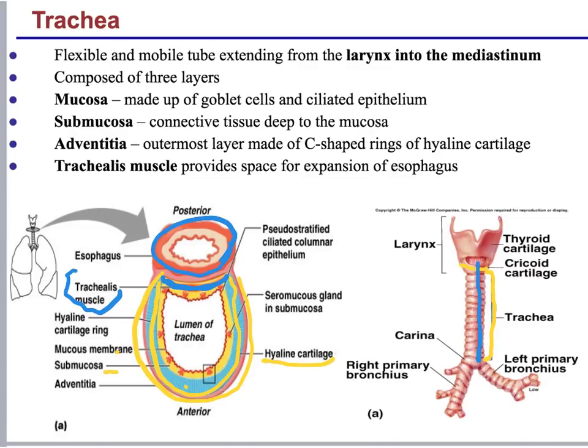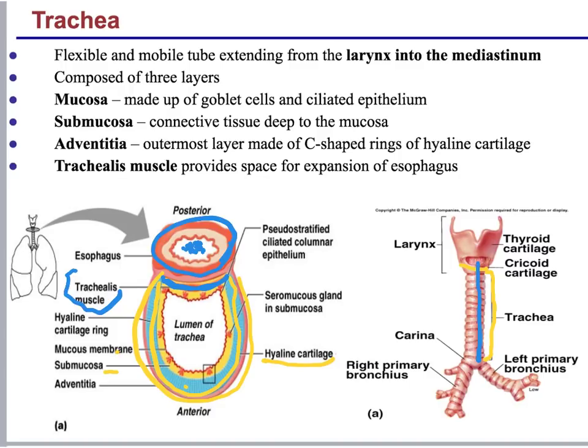This trachealis muscle is structurally really important because as we swallow, food goes down the esophagus with ease. The esophagus is also muscular, and as we swallow, it expands, so the presence of the trachealis muscle is important for the passage of food.